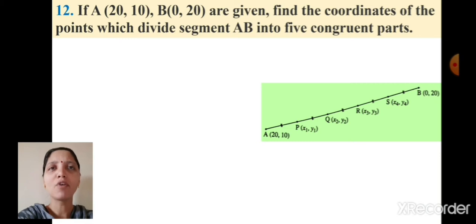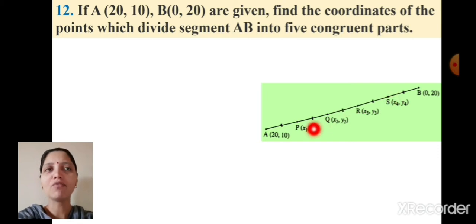If A has coordinates (20, 10) and B has coordinates (0, 20), find the coordinates of the points which divide the segment AB into 5 congruent parts. Now here we have to divide this segment AB into 5 congruent parts. So how many points will we take on the segment AB?